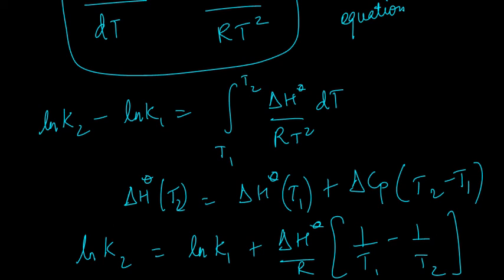Which means K2 would be smaller. That means for an exothermic reaction which is already giving out heat, if I raise the temperature, the reaction will move in the backward direction. If I do the opposite, if I lower the temperature, the reaction will move in the forward direction. If it's endothermic and I increase the temperature, the reaction will move in the forward direction. So that's Le Chatelier's principle for temperature, right?